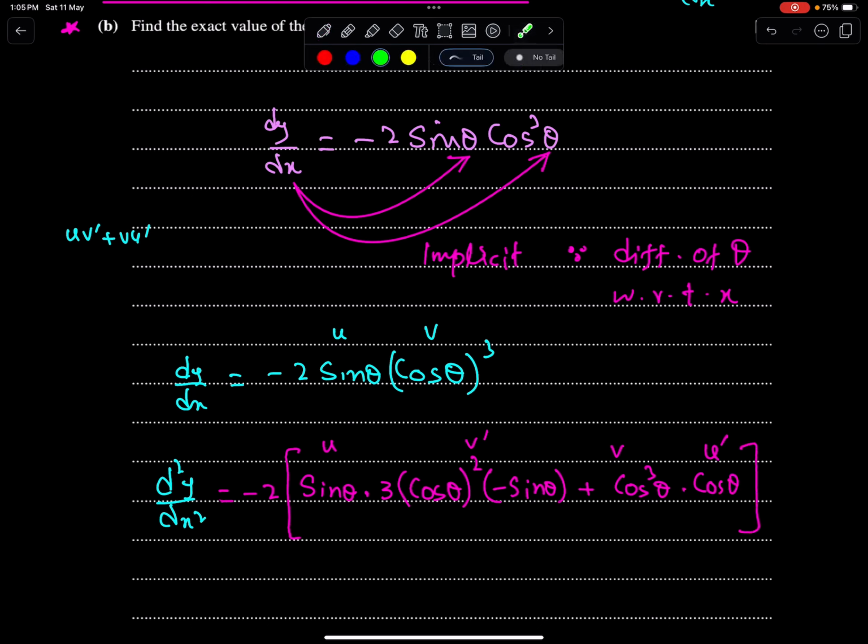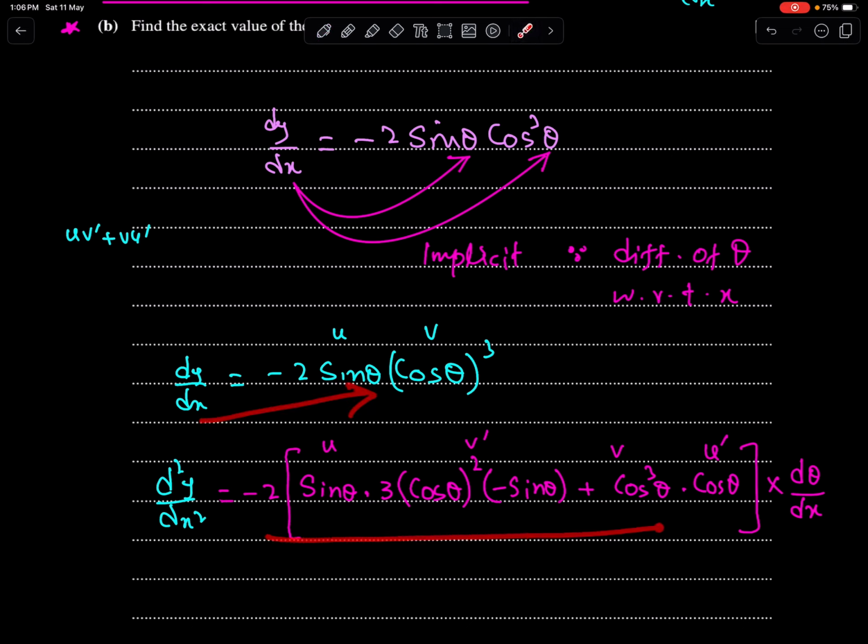Since the function is implicit, we need to multiply this result by the gradient of theta, meaning d theta upon dx. Watch my first lecture on this topic to understand this concept well. Whenever we differentiate implicit, we always multiply the answer with the gradient of this function.